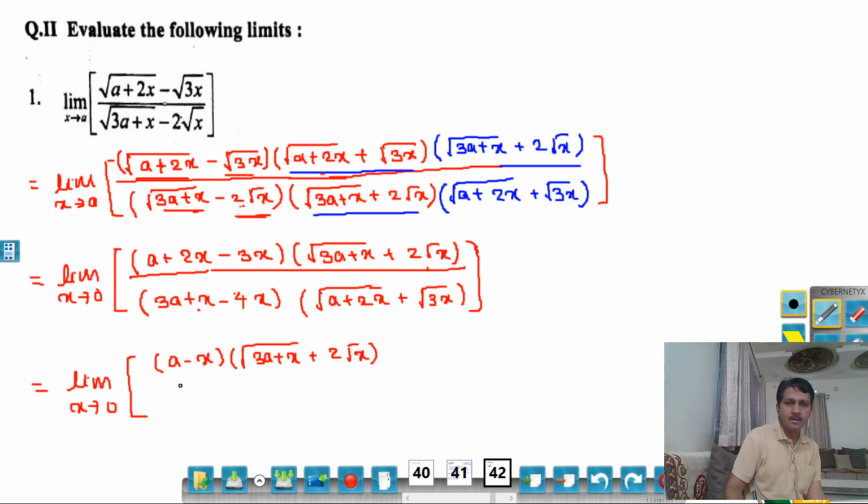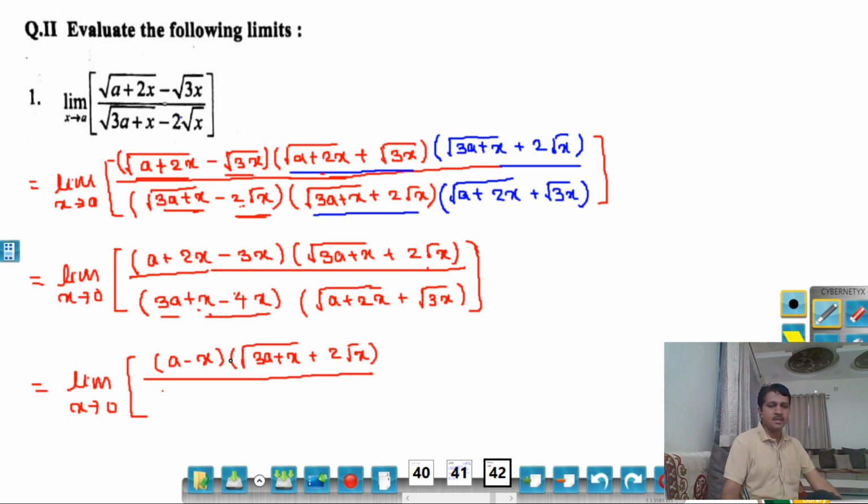This complete divided by, in the denominator, x minus 4x is minus 3x. So inside the bracket there will be 3a minus 3x. From that I will take 3 common, so in the bracket remains a minus x and the last term as it is.